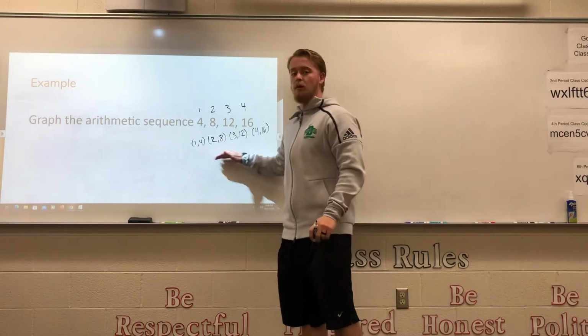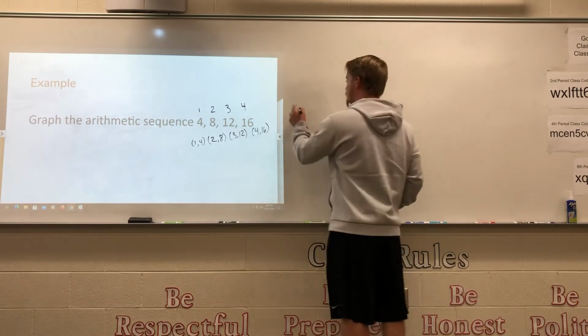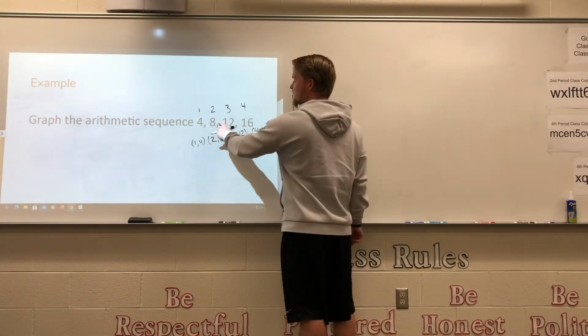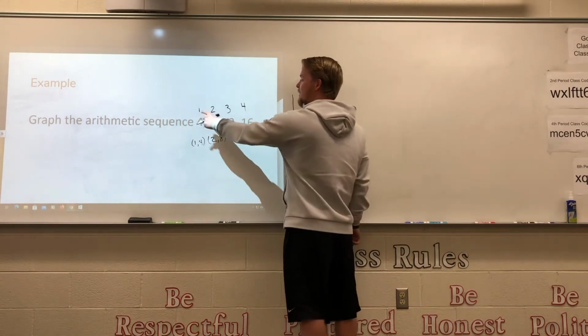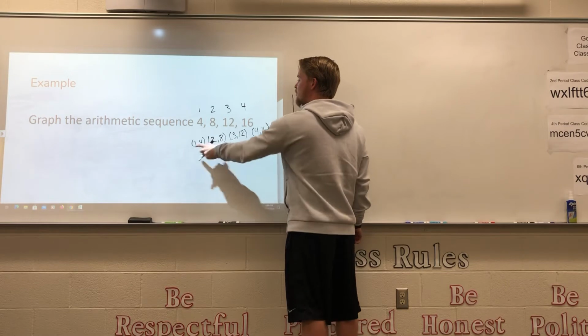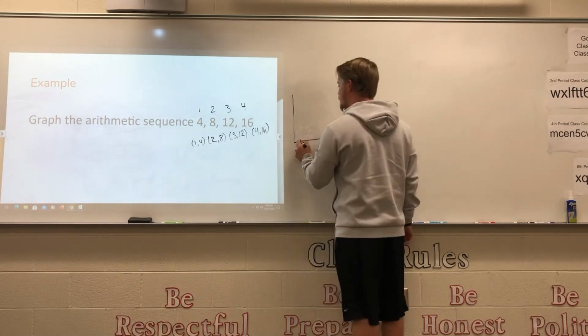Those are the ordered pairs you are going to plot when you graph this. All you're using is the terms themselves are your y, and the position they are in, first term, second, third, fourth, those are your x. So that's how you come up with your ordered pairs.